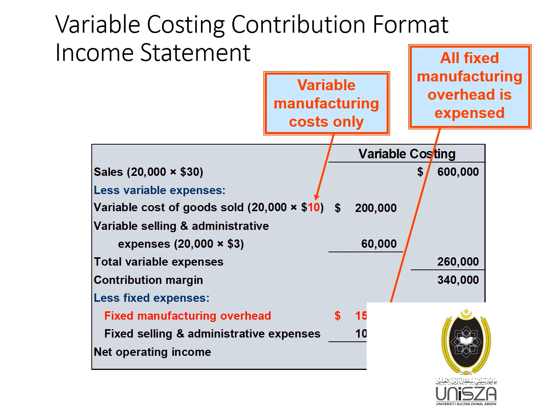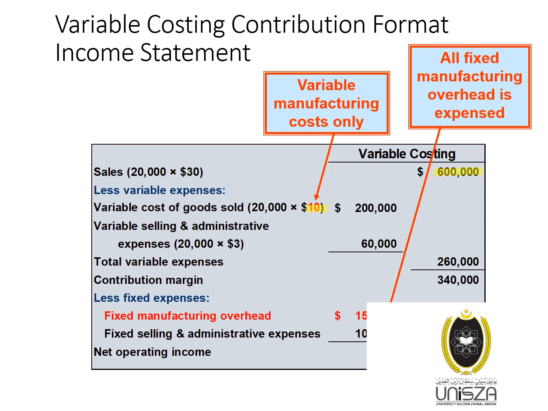Now, the variable costing contribution income statement. As I told you, the product cost under variable costing is $10 per unit, so we took the $10 per unit. Sales are 600,000 because of 20,000 times 30. Less the variable expenses: variable cost of goods sold and variable selling and administrative 60,000, and the total variable expense is 260,000.